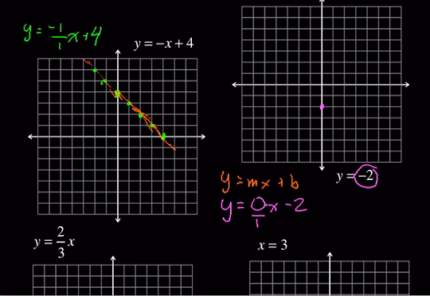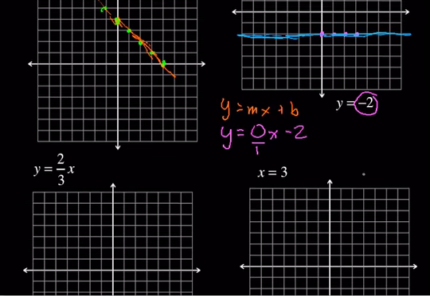And our slope is 0 over 1, which means we rise 0, run 1. And I hope you can see that this is going to be a horizontal line. So we can just sketch that line in here. So it's going to be a horizontal line at y equals negative 2.